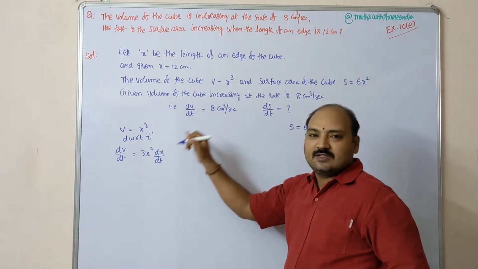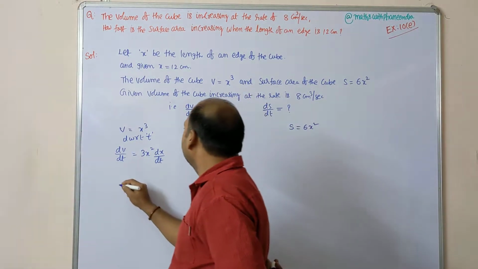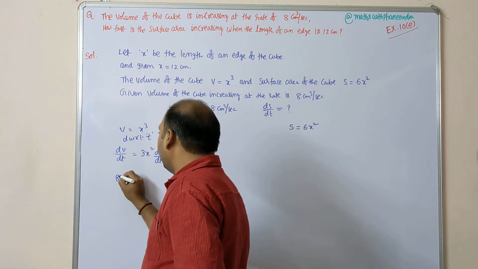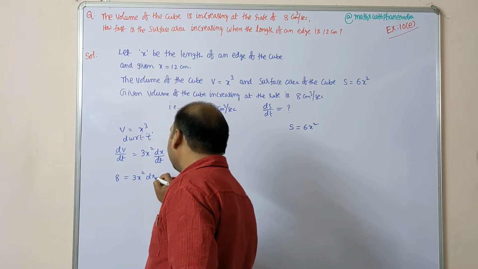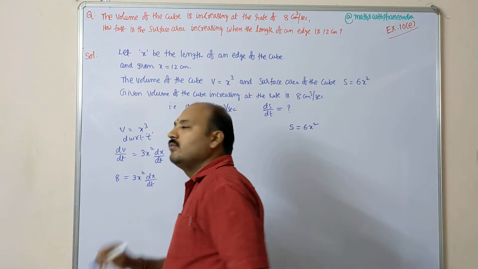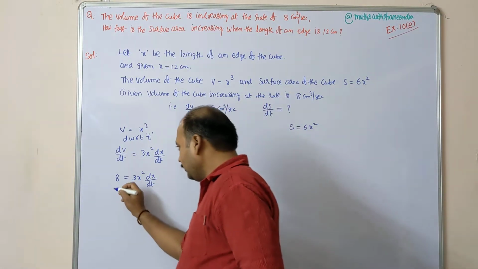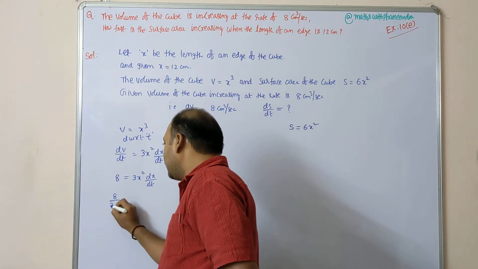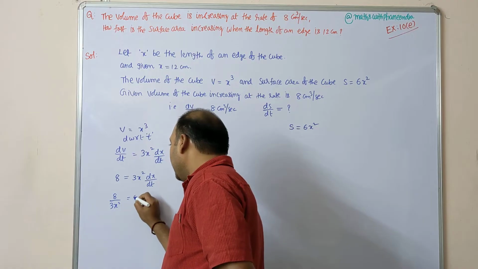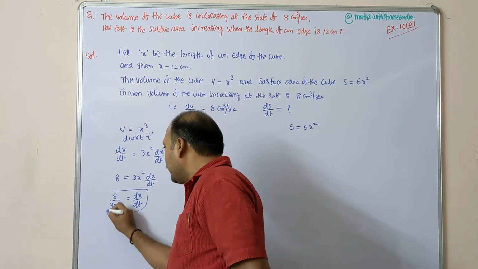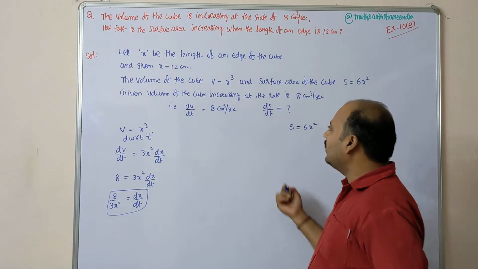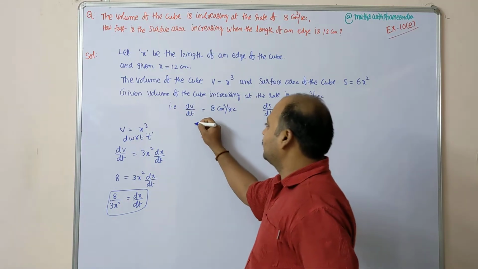The dV by dt value is given, substitute here. So 8 is equal to 3x square into dx by dt. So 8 by 3x square is equal to dx by dt. Put this in a box, dear students. This result will help in the coming steps.